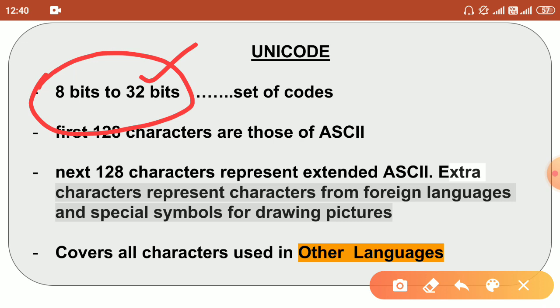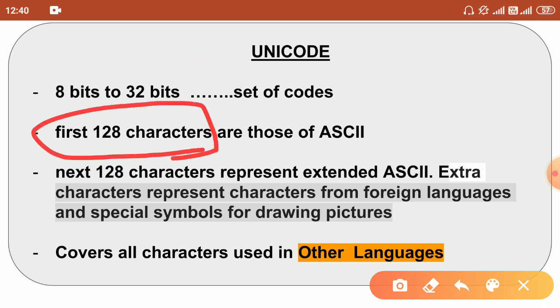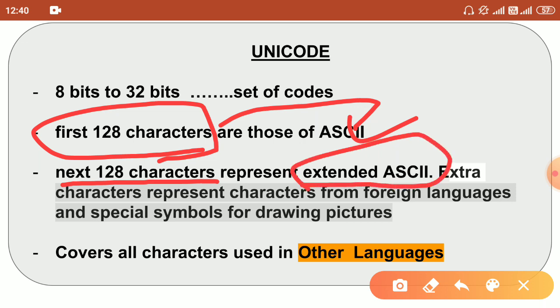In the Unicode, the first 128 characters are that of the ASCII, and the next 128 characters are that of the extended ASCII. Extended ASCII is another set of code which stores some other symbols.